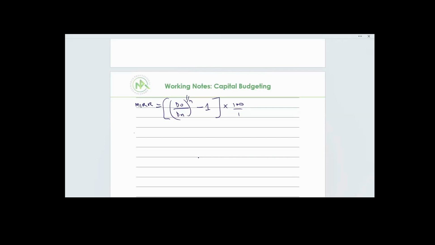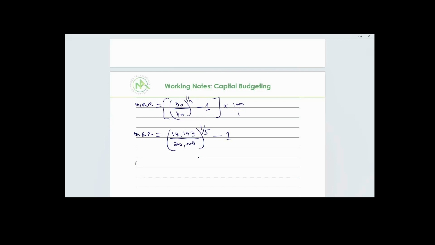So modified internal rate of return equal to my DO is terminal value, and we got 34,193 naira as the terminal value, divided by present value of cash outflow, which is 20,000 naira. All of this raised to power 1 over 5. The useful life of the project is 5 years, all minus 1.